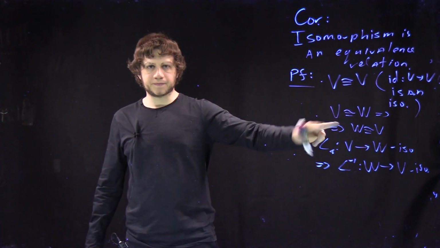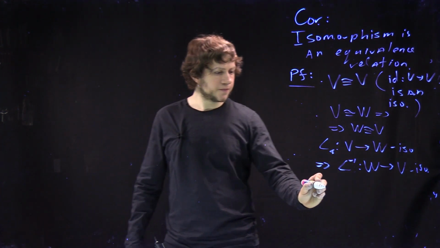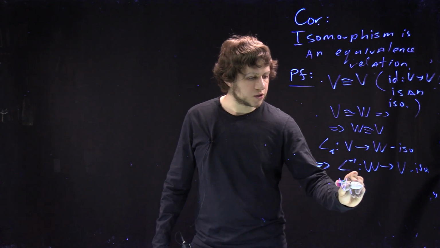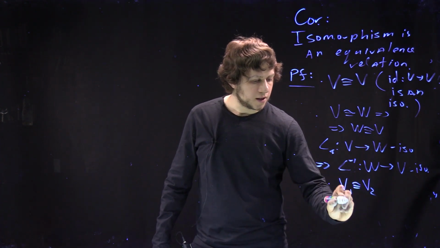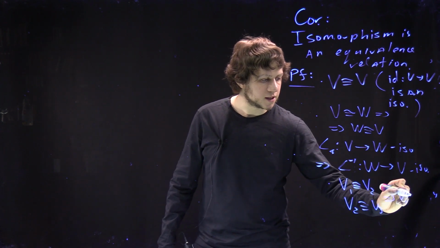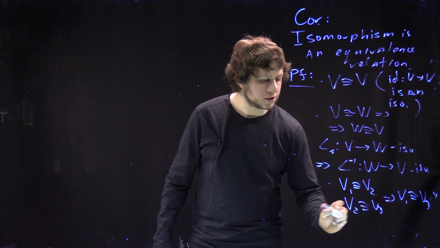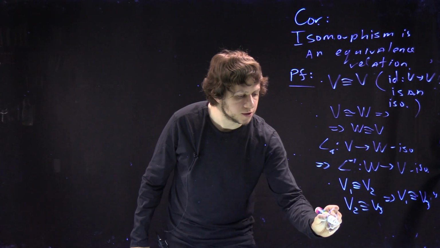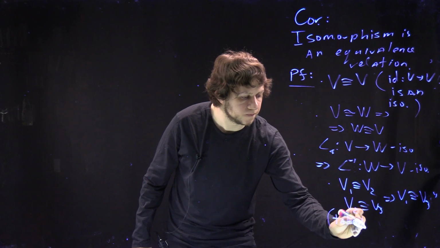So that's why this relation is symmetric. And finally, if V1 is isomorphic to V2 and V2 is isomorphic to V3, then V1 is isomorphic to V3, just because you take one isomorphism, the second one, and take the composition.